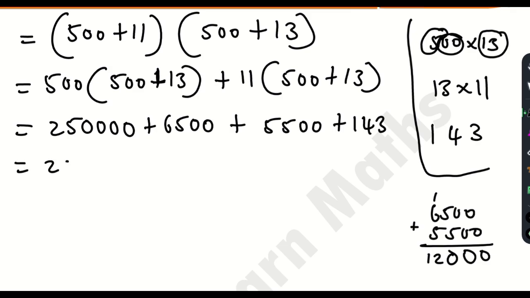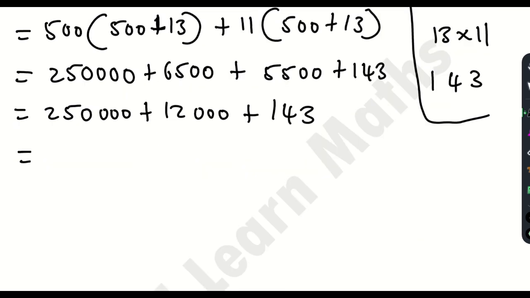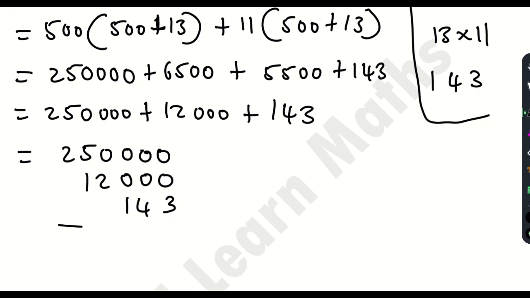So this is equal to what? 250,000 plus 12,000 plus 143. So let me just rearrange this as 250,000 plus 12,000 using column addition plus 143. Let's add and let's get our final answer.